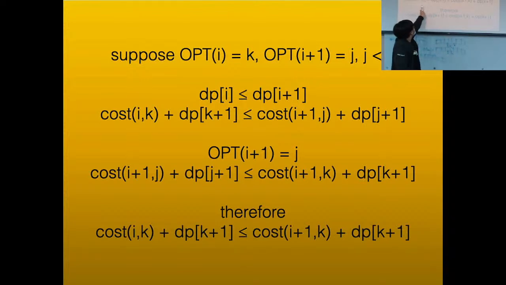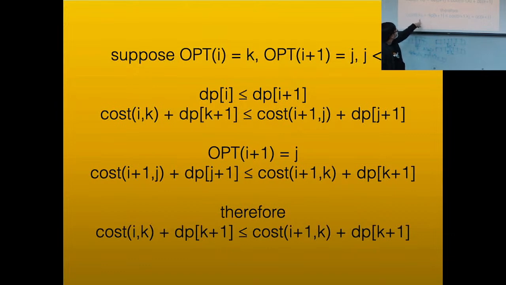So cost(I plus 1, j) plus this is not more optimal basically. Because if this is more optimal, then OPT(I plus 1) becomes j, right? And then you combine these two together. This part is the same, right? And then you got this.